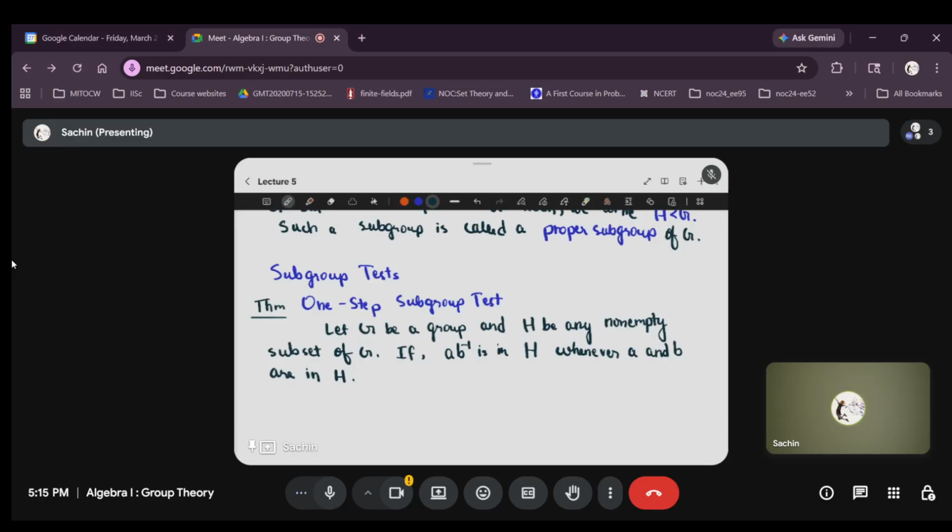That you have to check. And if it turns out that ab^-1 is in H for all a and b in H, then H is a subgroup of G.